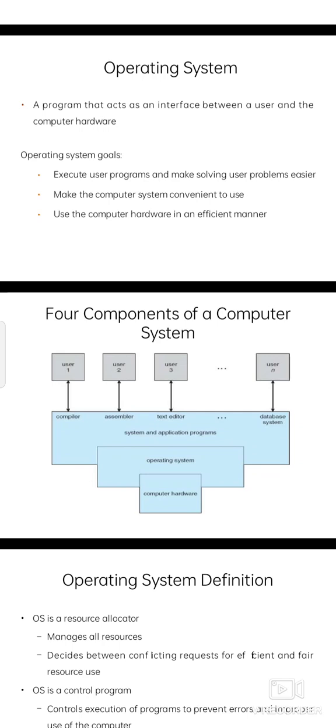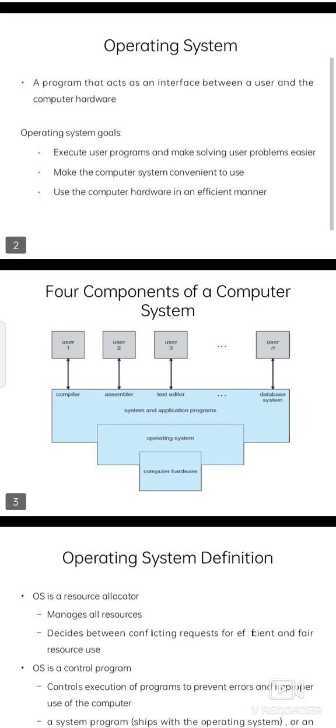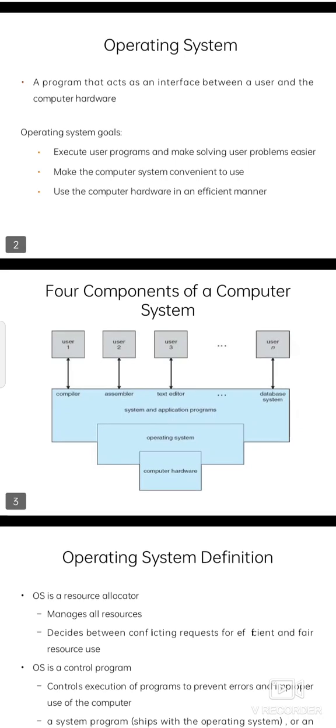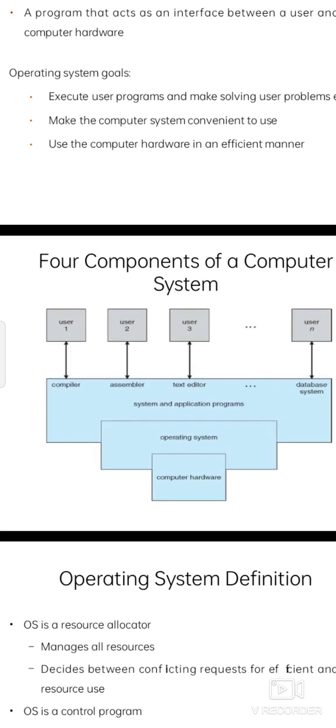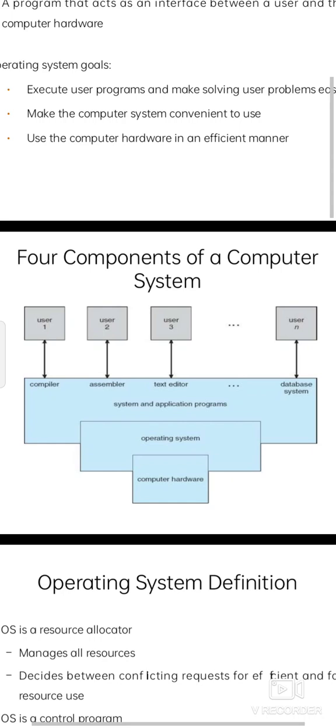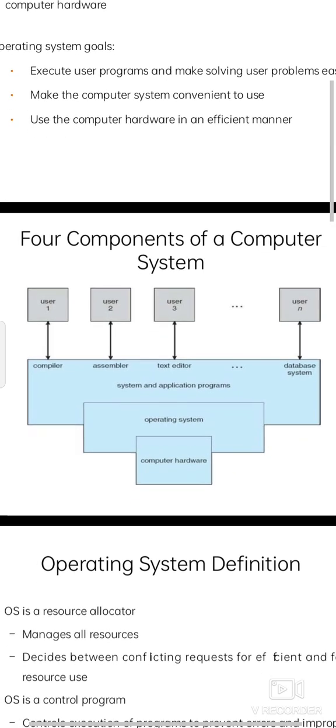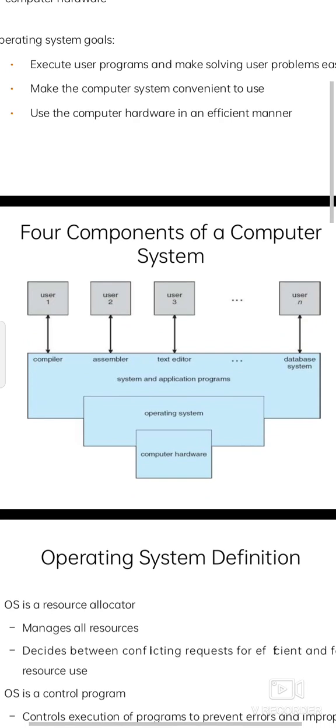In this figure we are seeing the components of the system. In this system we have computer hardware. Hardware is nothing but the physical components of the computer. Then the operating system, and then system and application programs. The application programs and system programs are written by the user. The user can write the application program, which will be converted by the translator. The translators are called compiler and assembler.